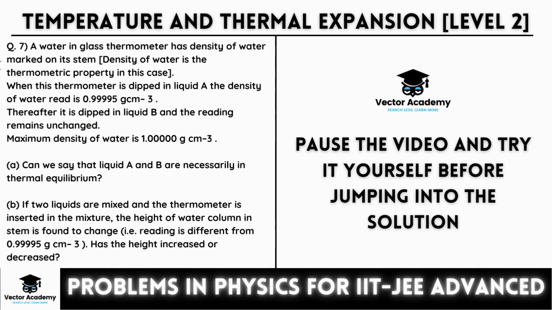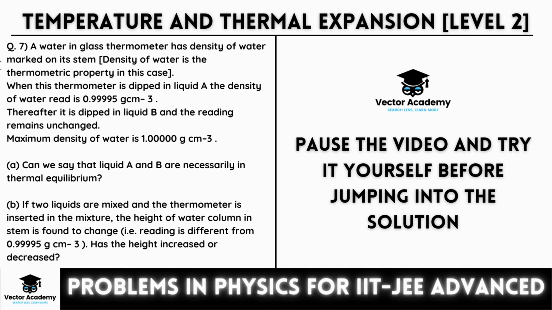Question 7. A water in glass thermometer has density of water marked on its stem. Density of water is the thermometric property in this case. When this thermometer is dipped in liquid A, the density of water read is 0.99995 gram per centimeter cube.